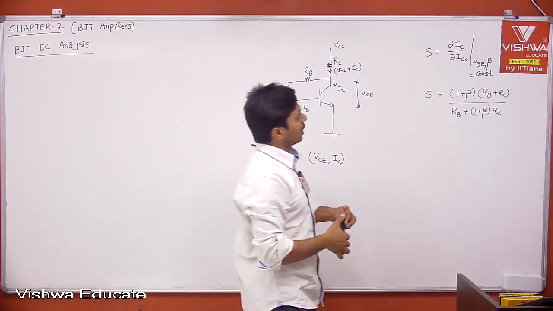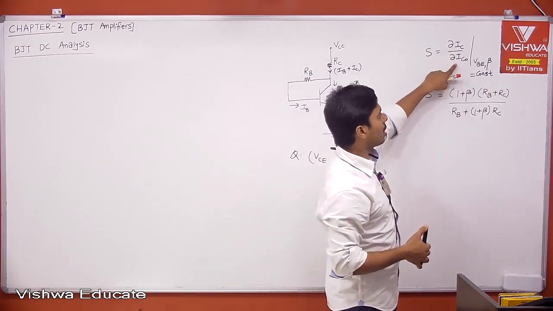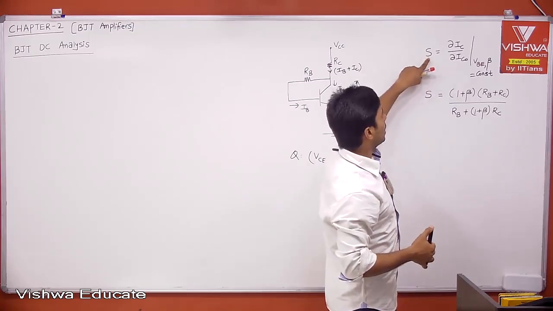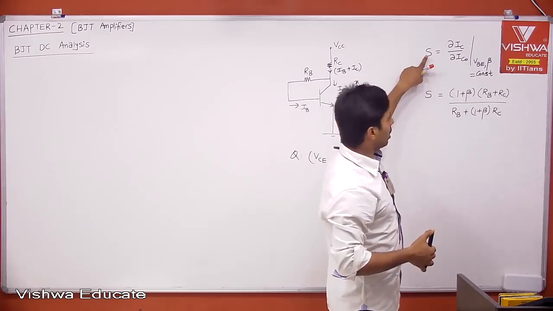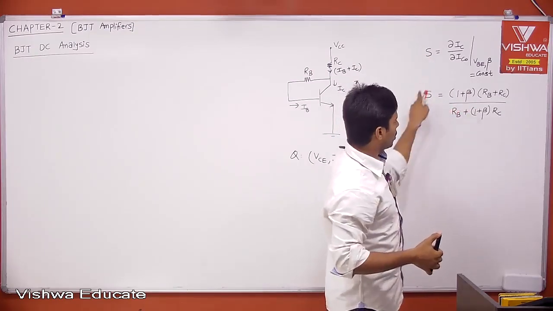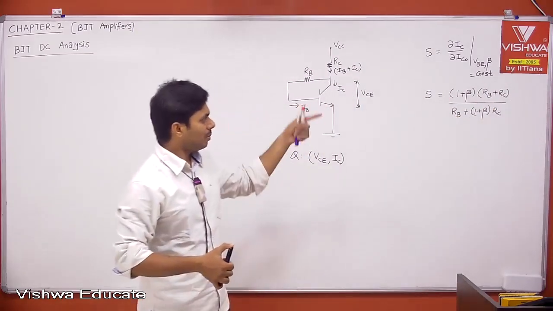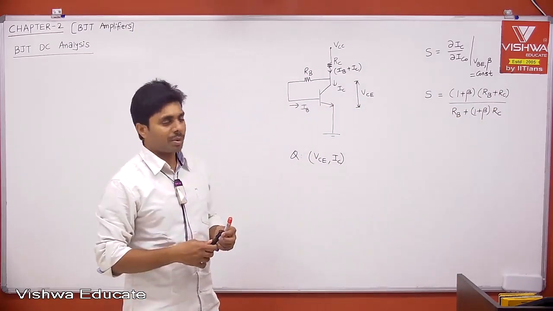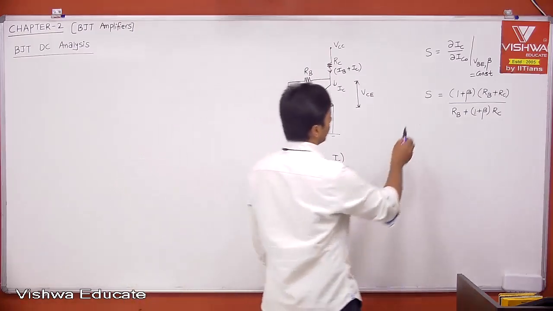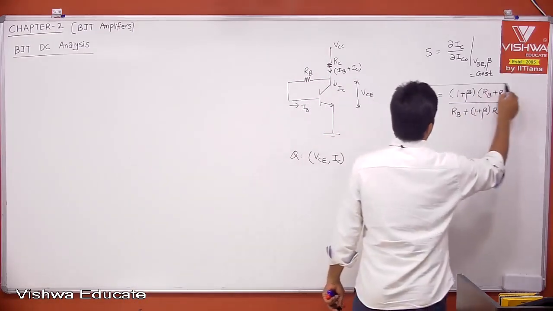Ideally, I don't want to see any change in IC due to IC naught. Therefore, I am expecting S to be 0. But practically it is not 0. We got some value which is not 0. Maybe if I make it simple, that is easy to remember. But we have to remember this stability factor.